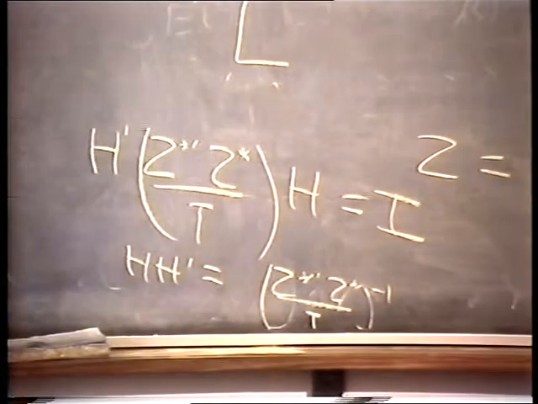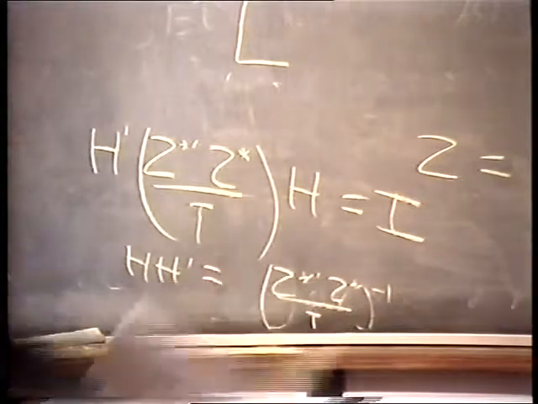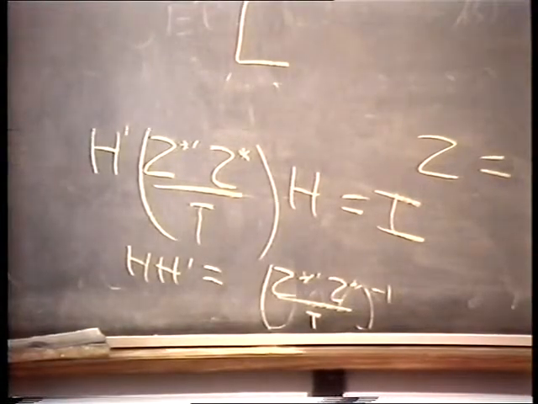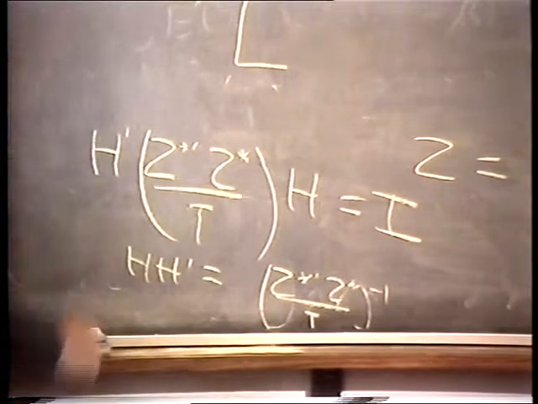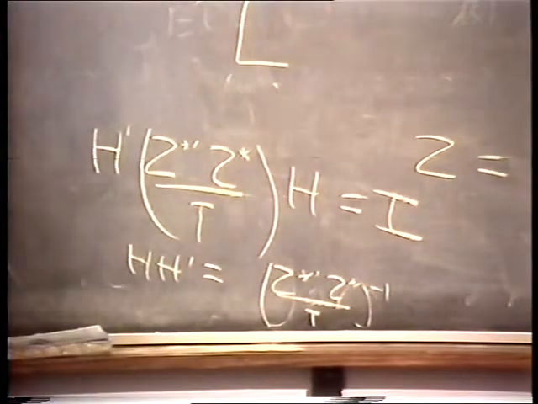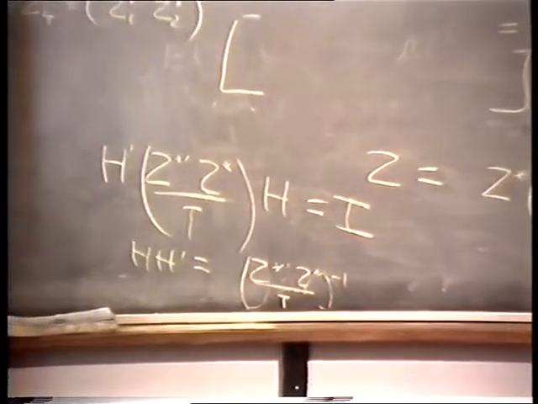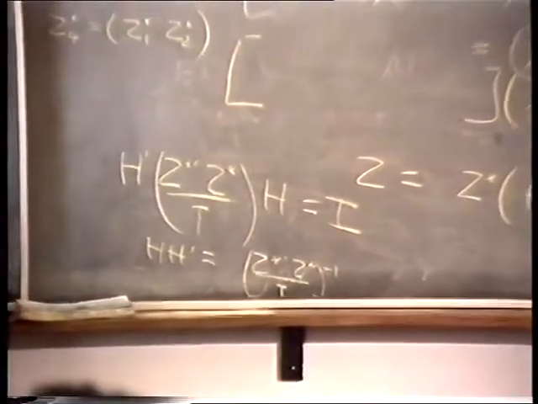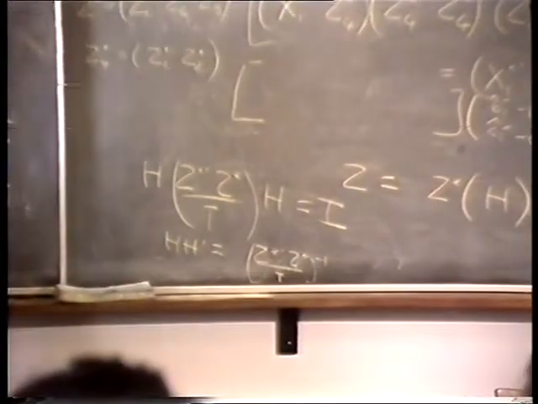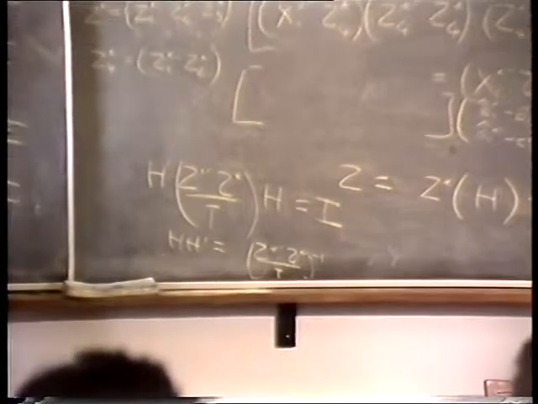And we're familiar with the idea that a positive definite matrix, such as we have on the right-hand side here, can always be factored into a product of this type with H upper triangular. And that's the simplest way of getting this required transformation.